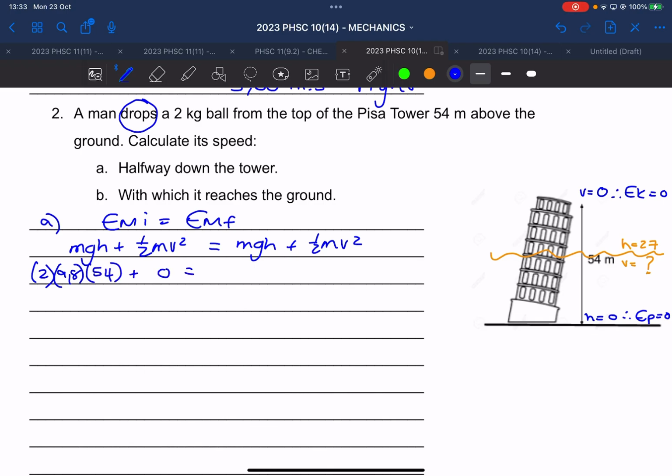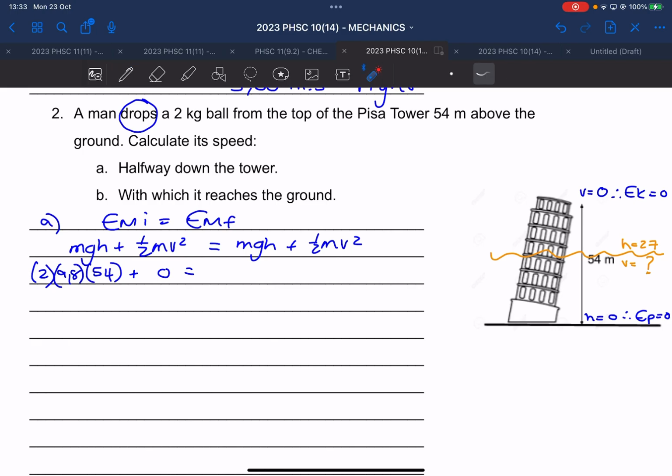The total mechanical energy in an isolated system is conserved. What is an isolated system? A system that has no external force. No external forces.